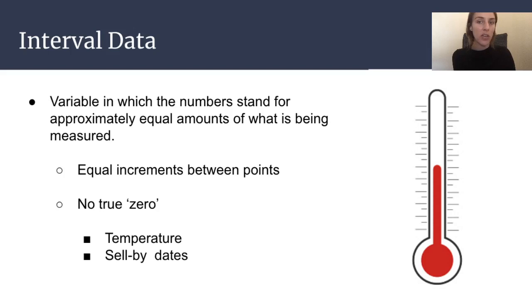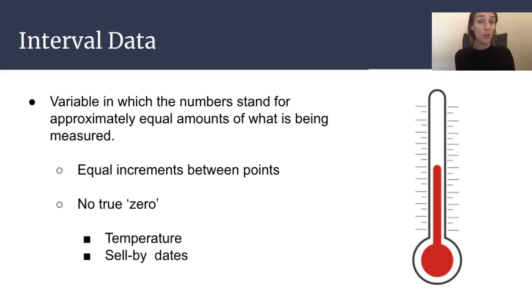So the best example here is something like temperature. All right, temperature moves in equal increments in degrees, right? A difference of 5 degrees is the same whether you're in negative degrees Fahrenheit or positive degrees Fahrenheit. But there's also no true zero with temperature, all right? And what does that mean? The temperature can be 0, right? We have different scales where 0 means different things.